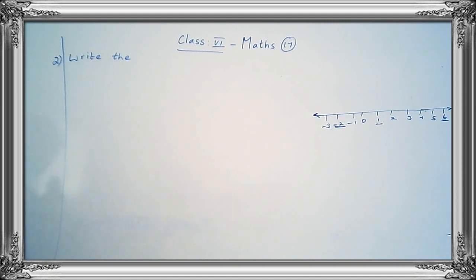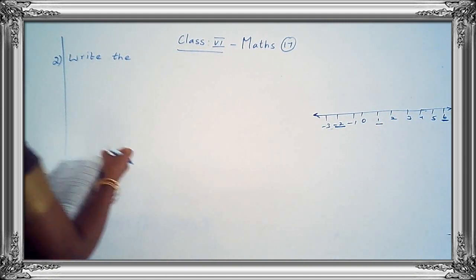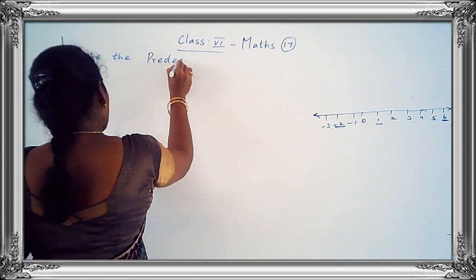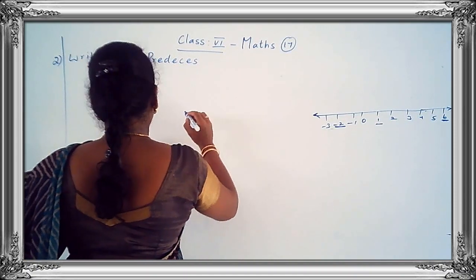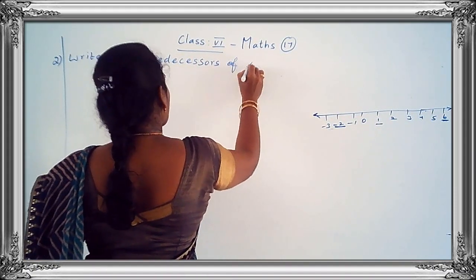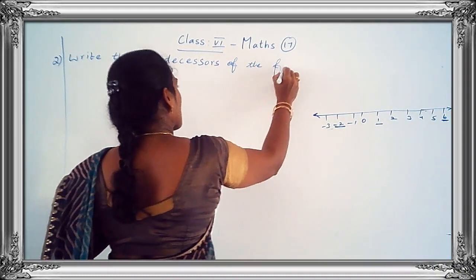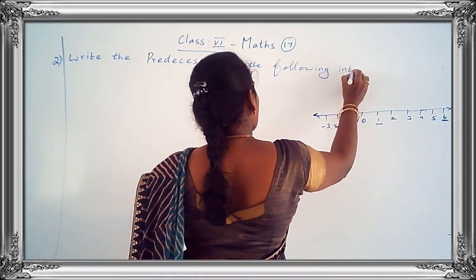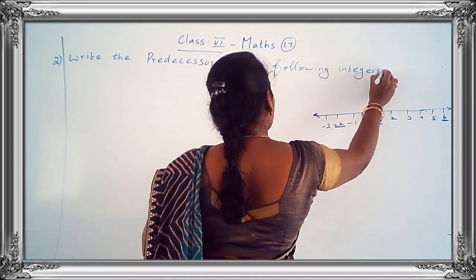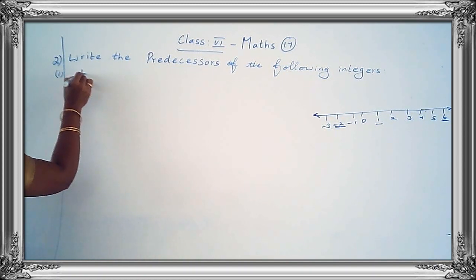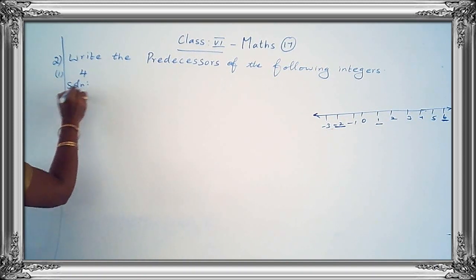Write the predecessor of the following integers, okay? First one is 4.